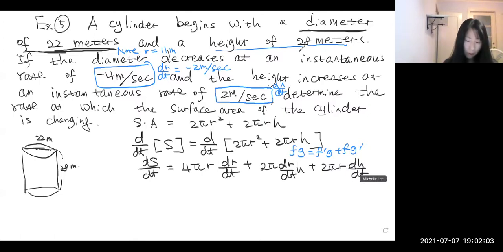All right, just substitute, because we need to look for the rate of surface area, right?